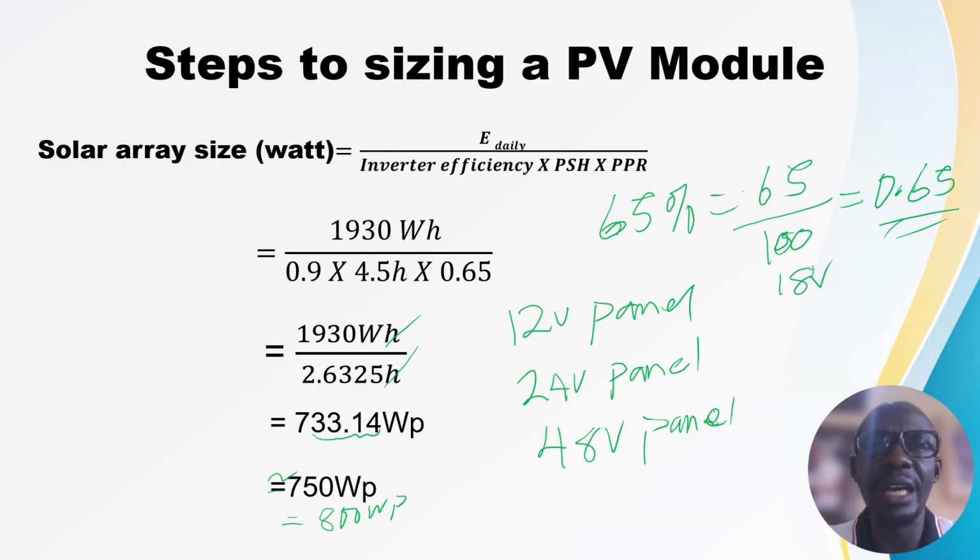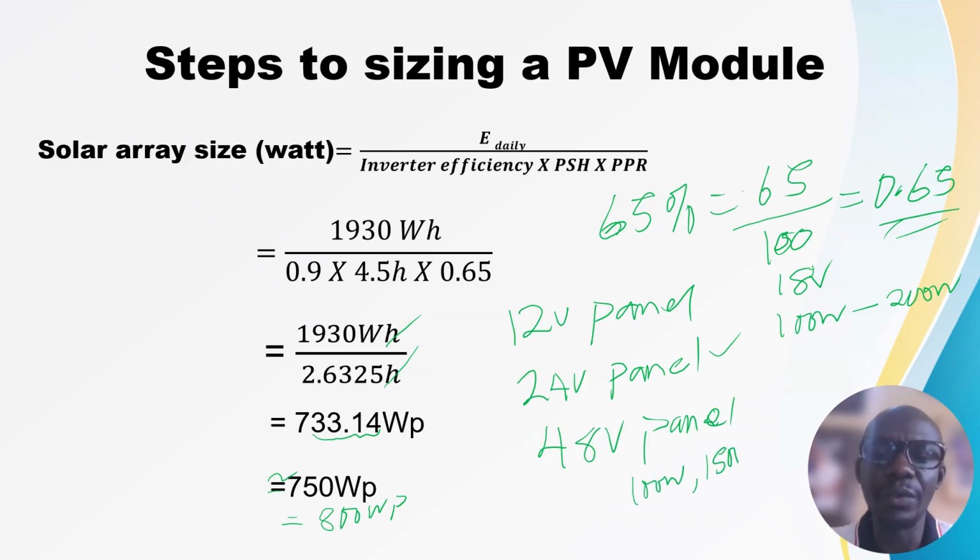And every panel has a nameplate. Are you getting it? So panels like 100 watts to even up to 200 watts, most of them are 12-volt panels. But above 200 watts, like 250 to 300 to 350, most of them are 24-volt panels.